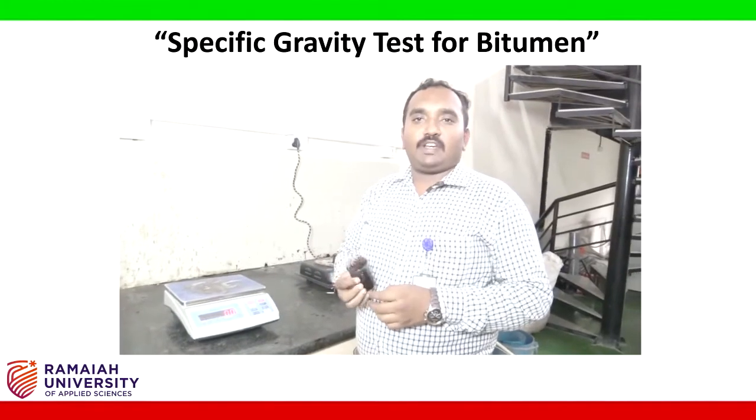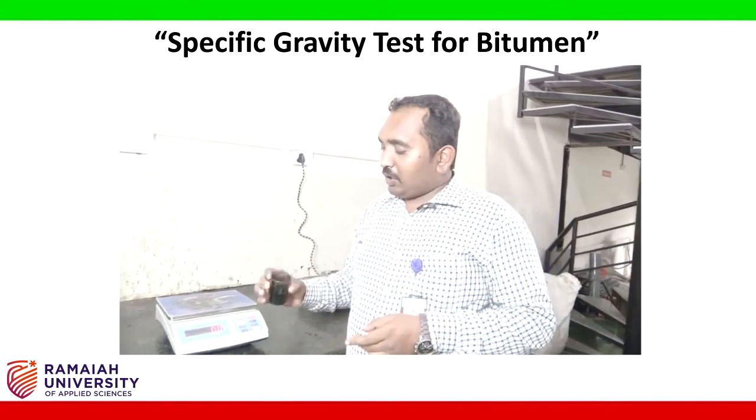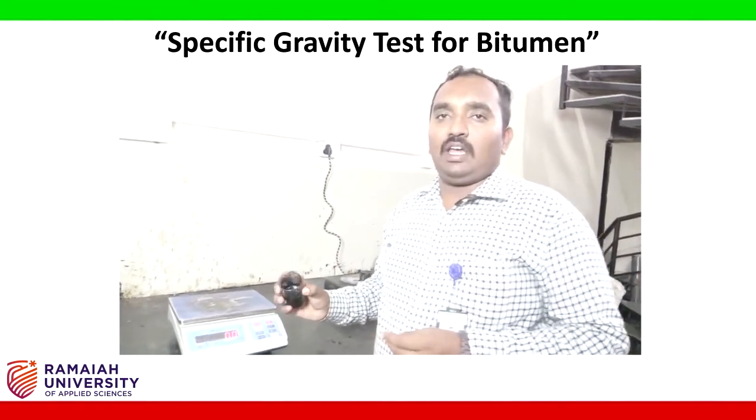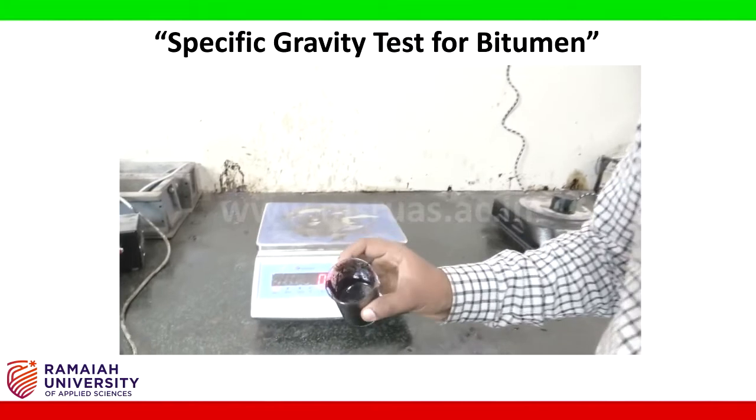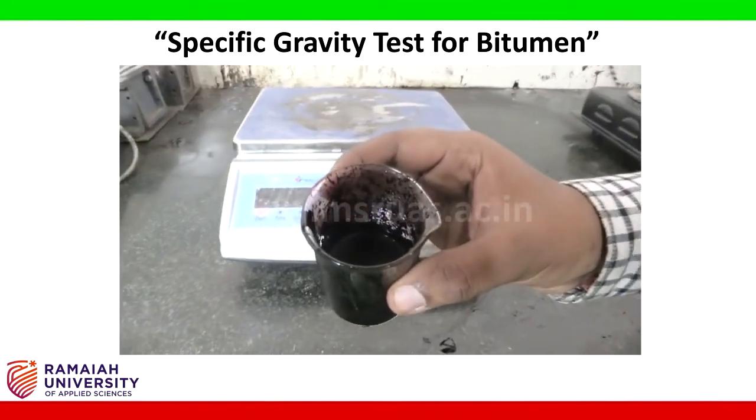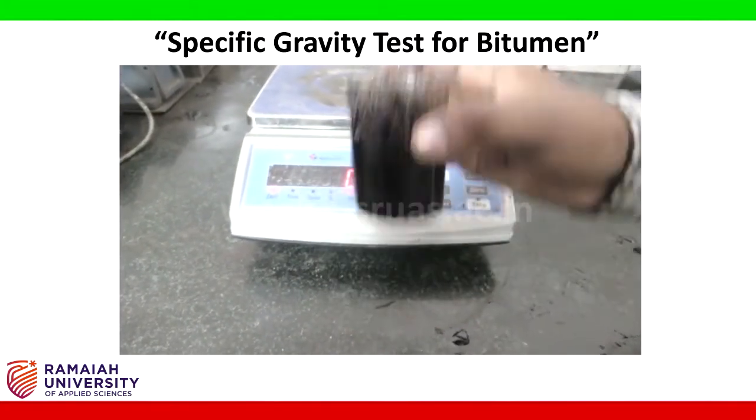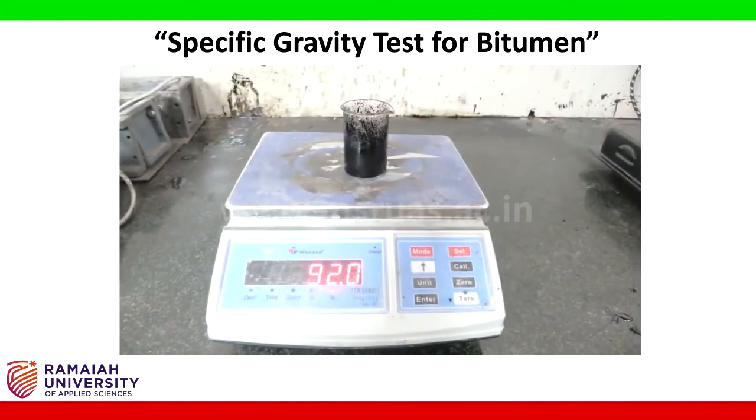Let's continue with specific gravity. So after cooling or conditioning the specimen in air for half an hour, we are going to take the weight of the beaker plus half-filled bitumen.